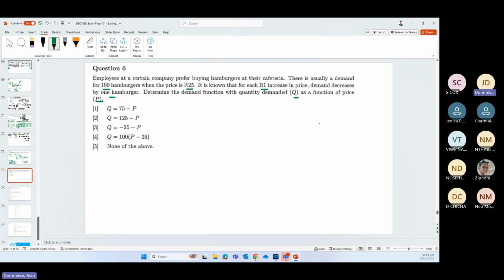Okay, so I'm just writing a few things down. 100 hamburgers when the price is 25. It is known that for each R1 increase in price, demand decreases by 1.